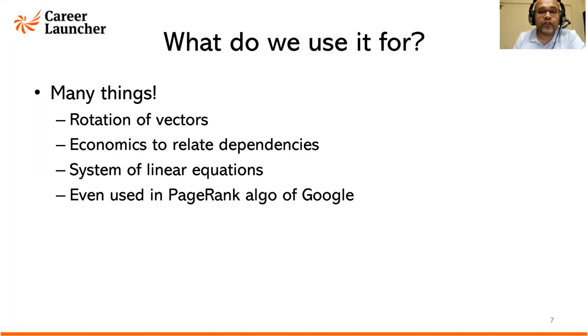For example, if you search "matrix", you'll have millions of pages. But there is a reason why one page is coming first for you, then the next page is second, the next page is third. This first, second, third order is called a rank. To rank these pages, there are millions of pages available. Google has its own patented algorithm. A part of the algorithm is the use of matrices.